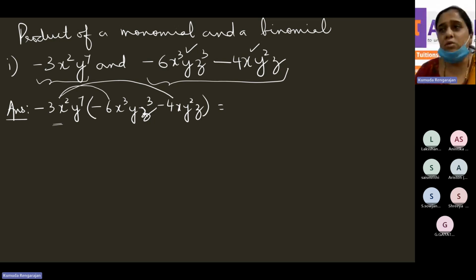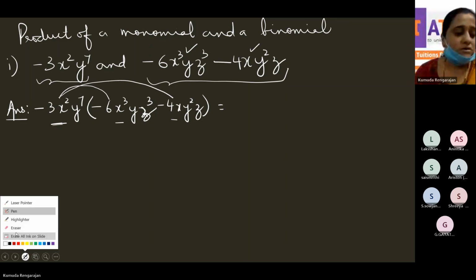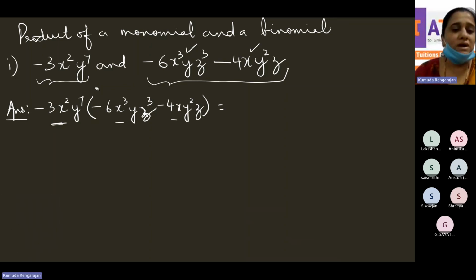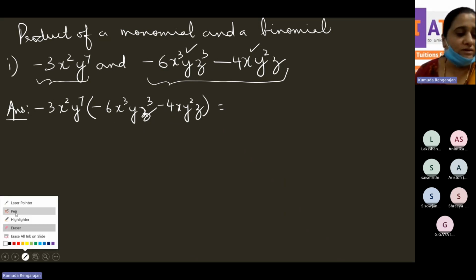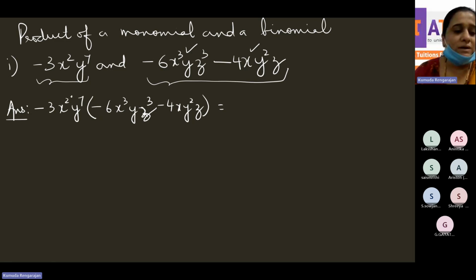When you do that, the brackets are removed, meaning you have performed the multiplication. You need to multiply the monomial placed outside with the first term of the binomial, and again with the second term in the binomial.